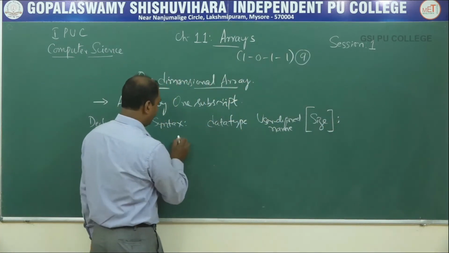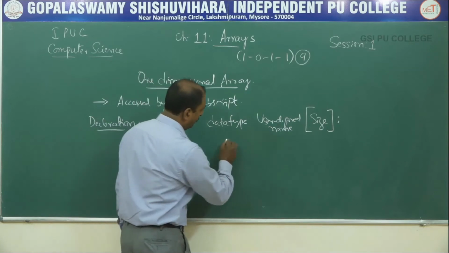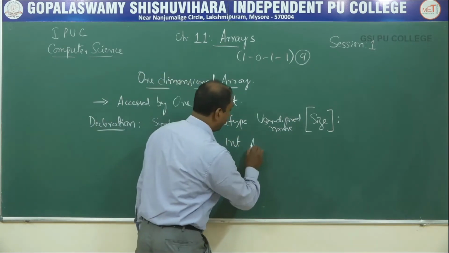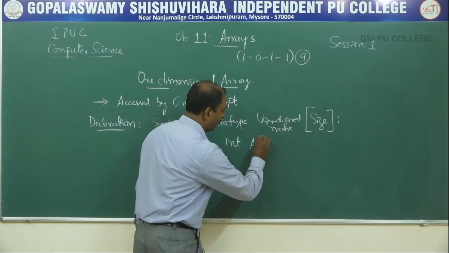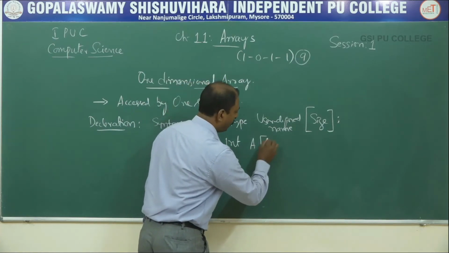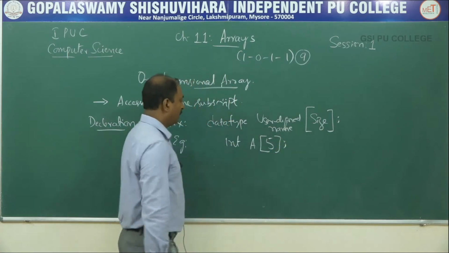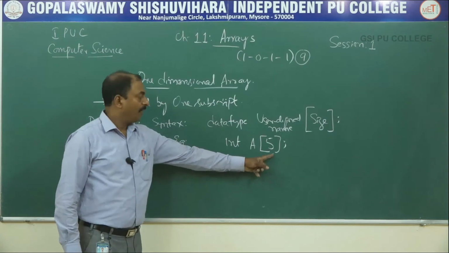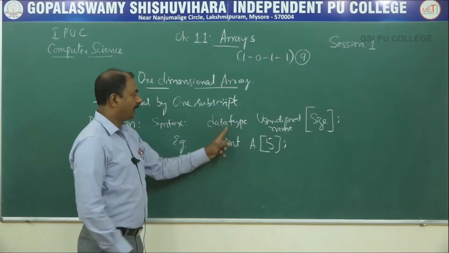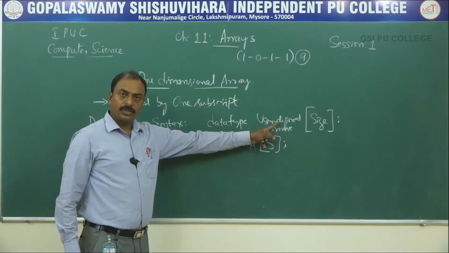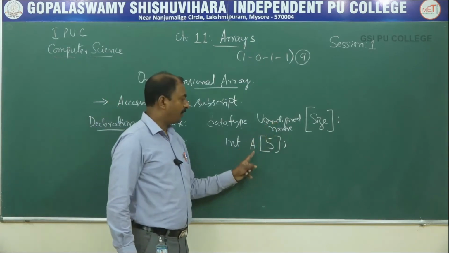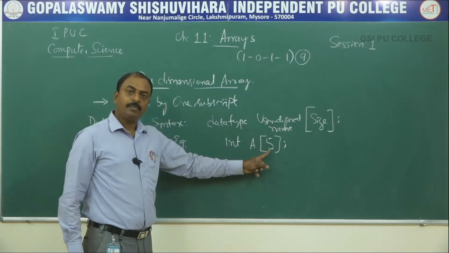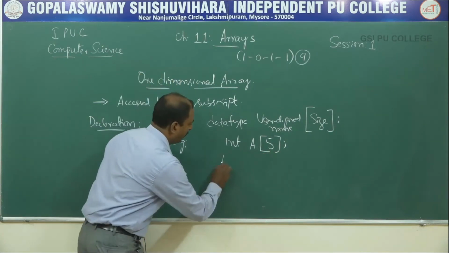For example, int is the data type, A is the name of an array, and size is 5, and semicolon. This indicates one subscript, so it is a one-dimensional array. Here int is the data type, A is the user defined name or identifier, and the size indicates the number of elements that can be stored in an array.